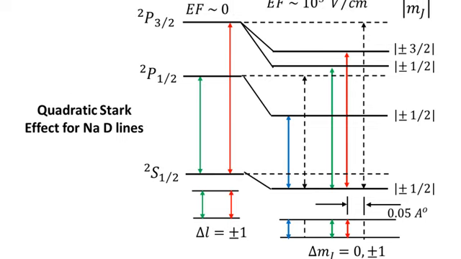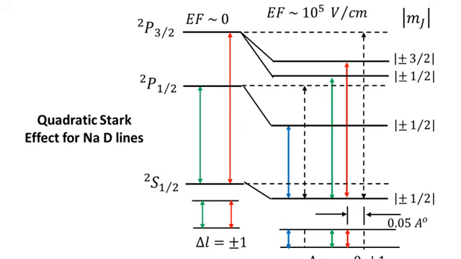So here in this figure, I have demonstrated the quadratic Stark effect for the sodium D lines under the application of an electric field with a magnitude of 10 to the power 5 volt per centimeter.